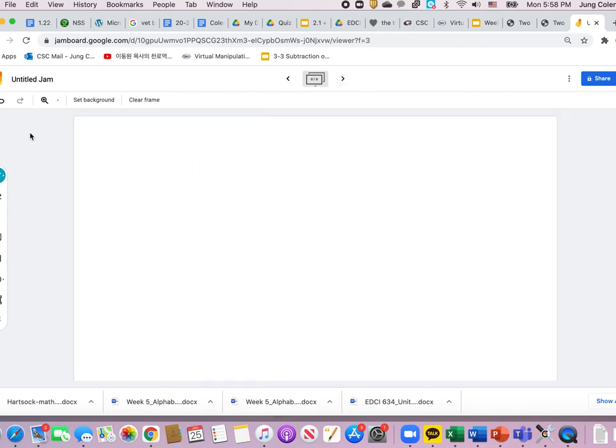Okay, so George has 12 pennies. This is George's 12 pennies. And Sandra has 8 pennies. So we are given the larger number and we are also given the smaller number. And the question is asking how many more pennies?